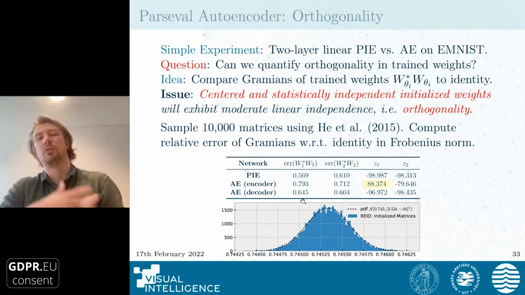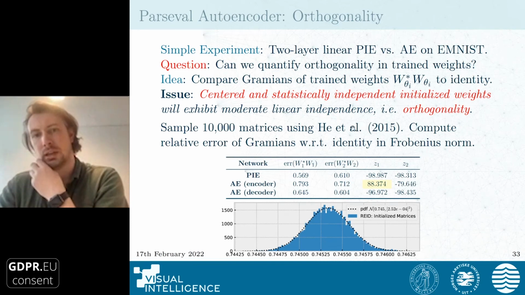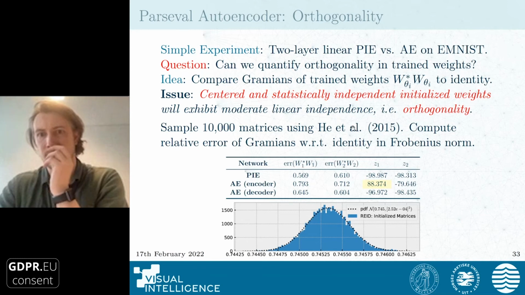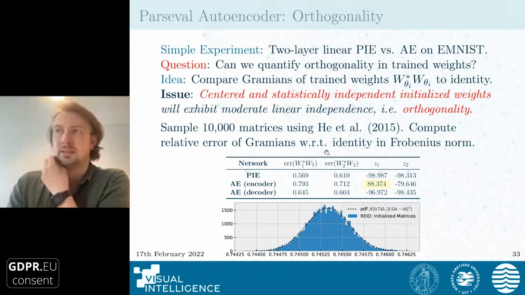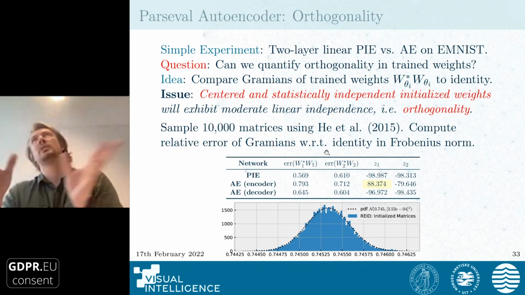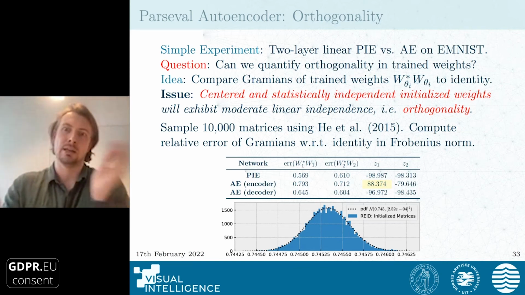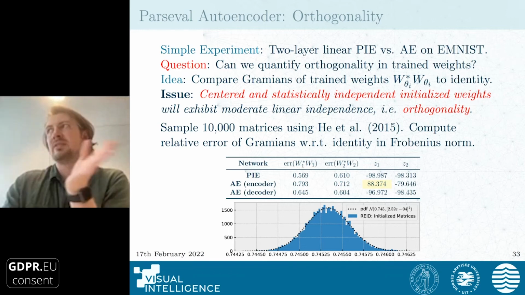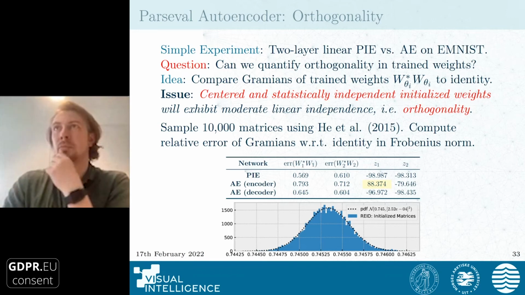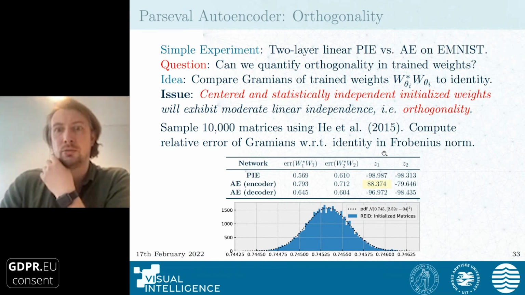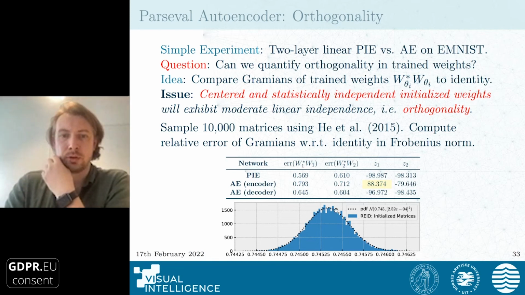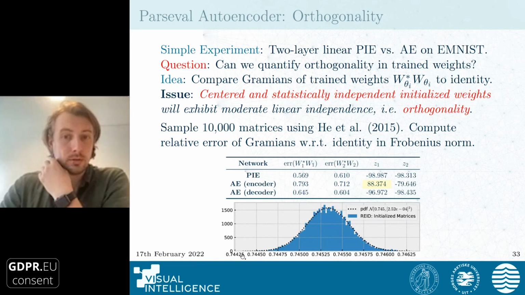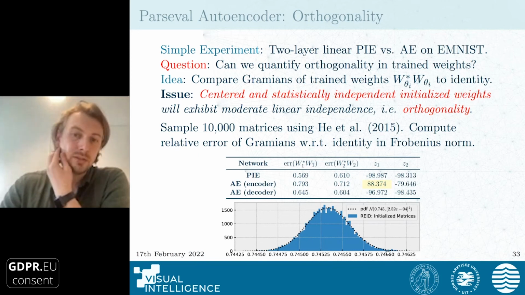So what we did was we sampled 10,000 matrices using standard initialization, and we computed the relative error of the Gramians with respect to identity. So we took the Gramians and compared them to the identity and found the distance, the Frobenius norm of the difference between the identity and the Gramian. And what we found is that these errors had a normal distribution.